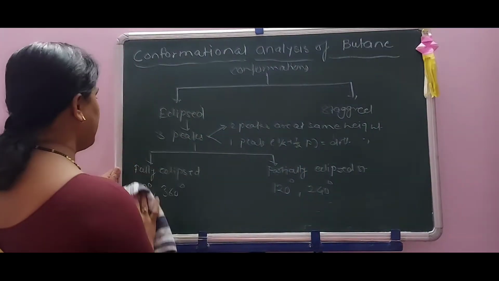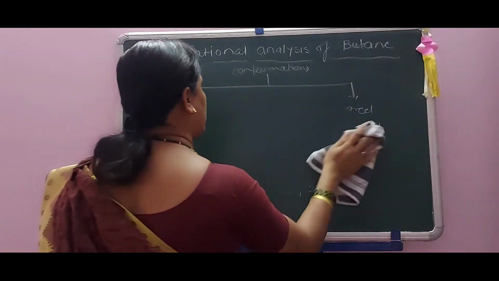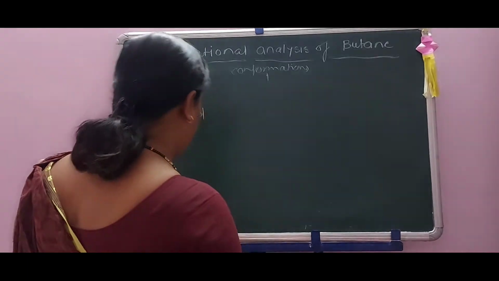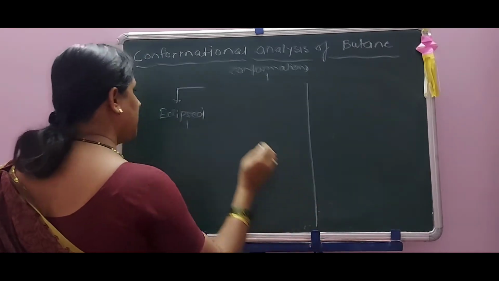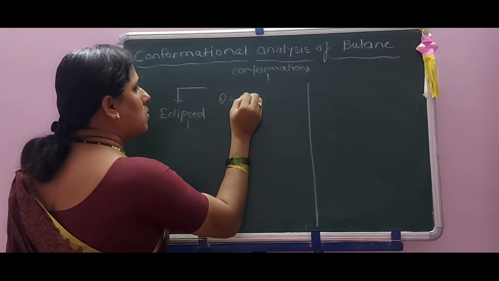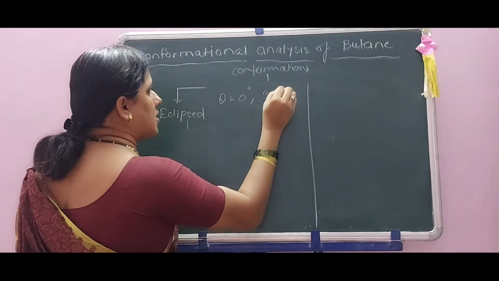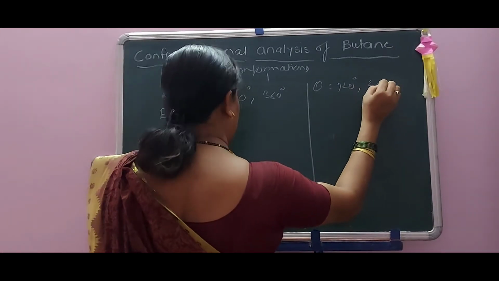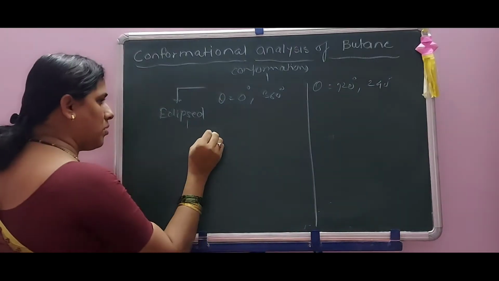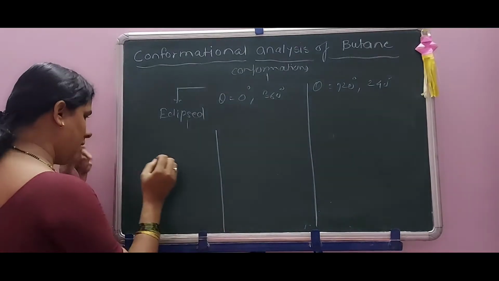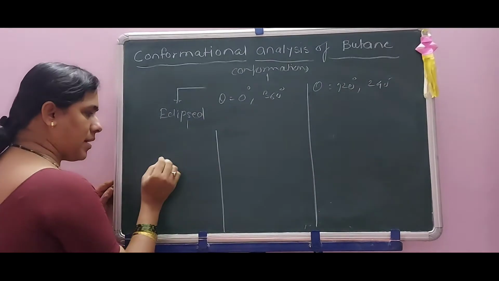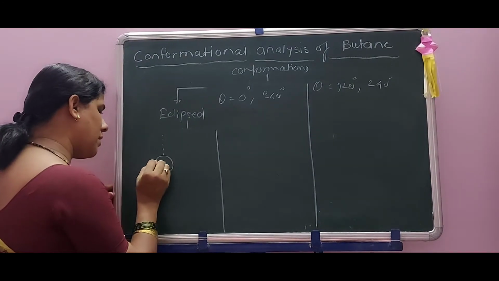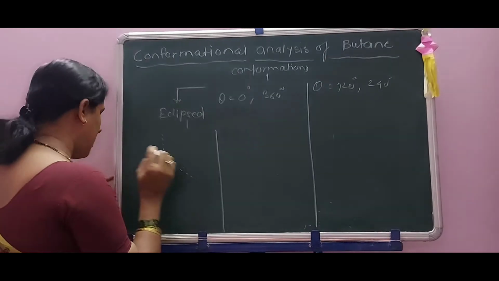See here. Now for theta equal to 0 degrees and 360 degrees, and theta equal to 120 degrees and 240 degrees, I am showing you the positions here. First, this is the front carbon atom, as you already know. This is the rear carbon atom.